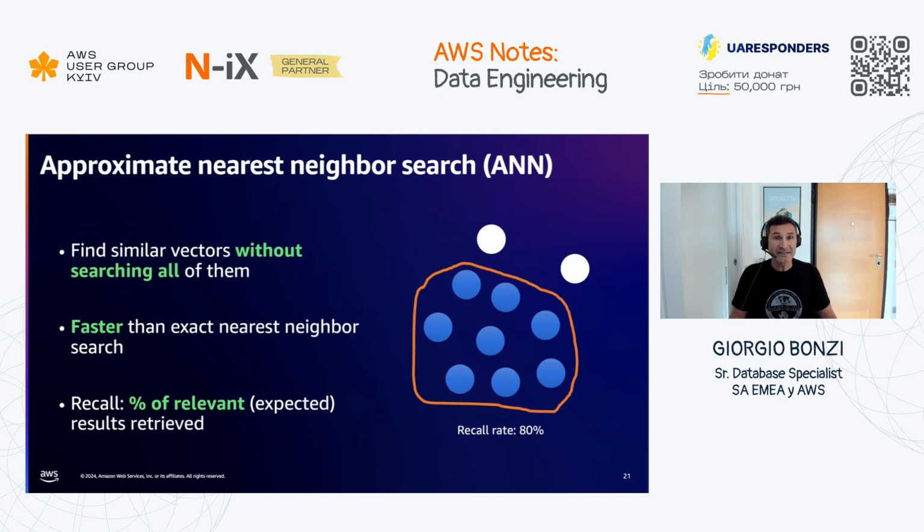And to do that, you need to execute an exact nearest neighbor search. So you have to compare your input vector with all the vectors present in your data store or in your table, dimension by dimension. And as you can imagine, this operation, if you have millions of vectors with thousands of dimensions, is time-consuming and resource-intensive.